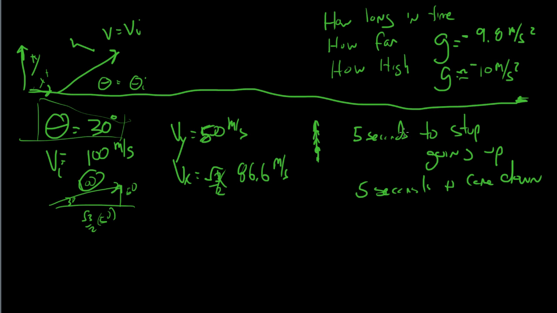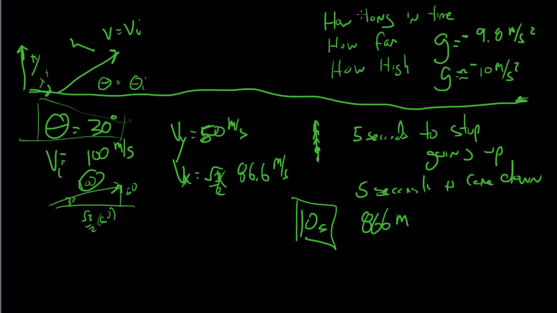Right? So 5 seconds to go up, 5 seconds to come down, so the total time is equal to 10 seconds. The velocity was 86.6. The velocity in the x direction is not changing. So it's going to go 866 meters. Again, this is assuming no air resistance.